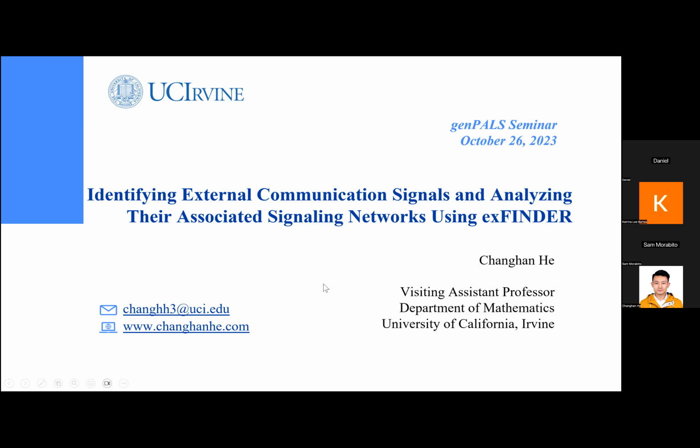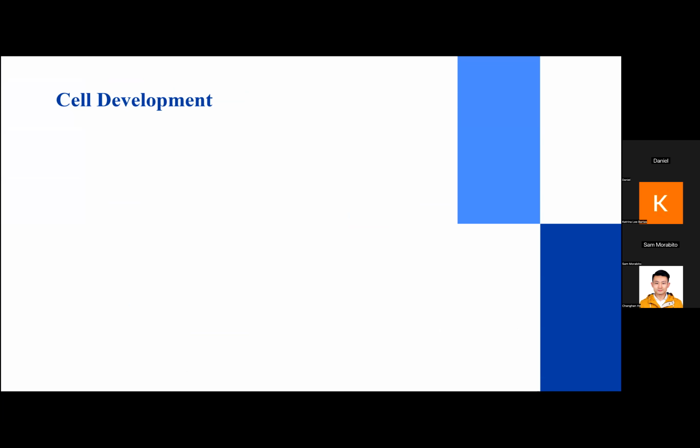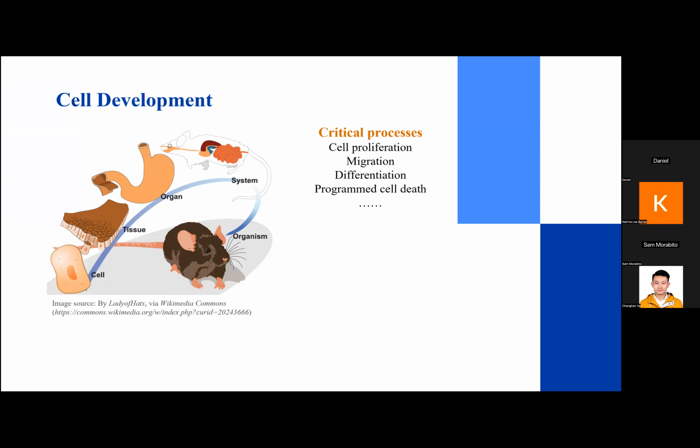So first, we are interested in cell development. This is a very general, very big topic. The critical processes for cell development include cell proliferation, migration, differentiation, and programmed cell death.